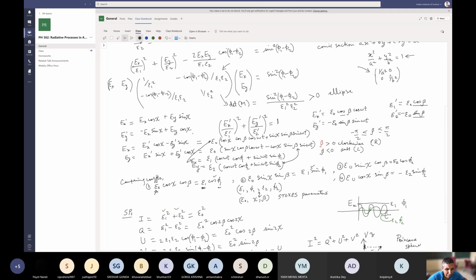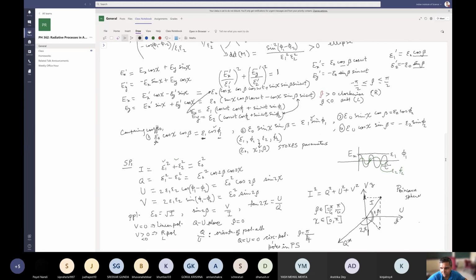Okay. So by just comparing these various coefficients, we were able to relate the amplitudes measured in the lab frame, like XY coordinates, and the amplitudes measured in the principal axes, right?